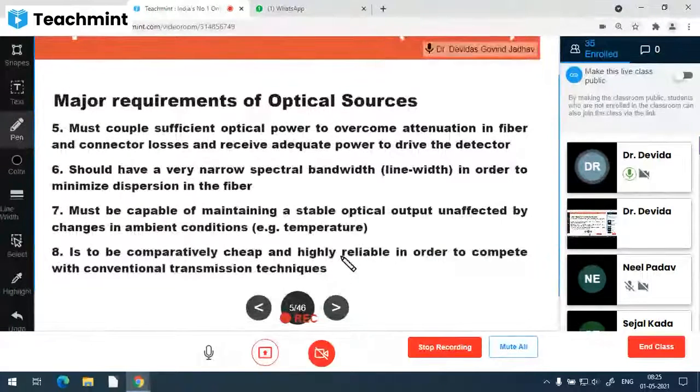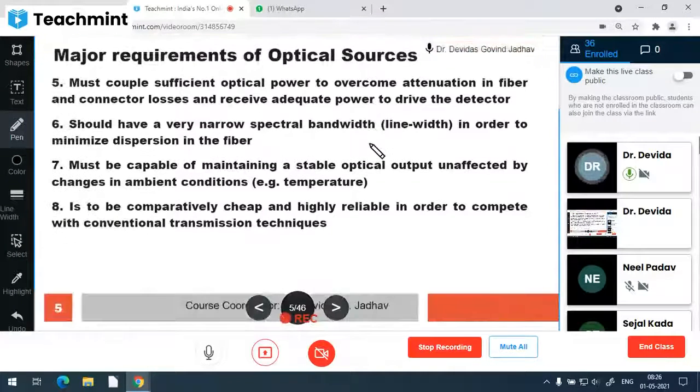Must couple sufficient optical output power so that the power will overcome the attenuation in the fiber, connector losses, and deliver adequate power at the detector to drive the detector. Source should have narrow spectral bandwidth. Source should have very narrow line width in order to minimize the dispersion and the losses due to dispersion.